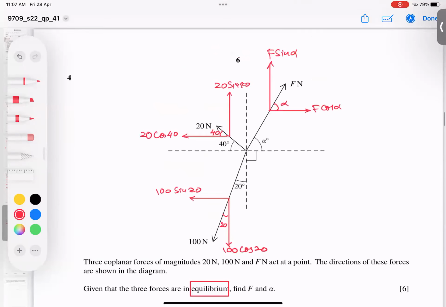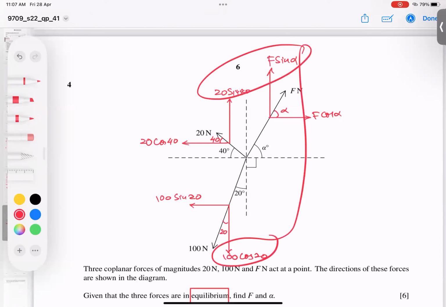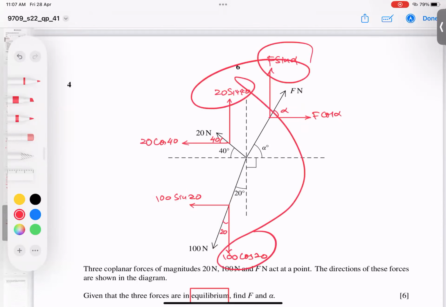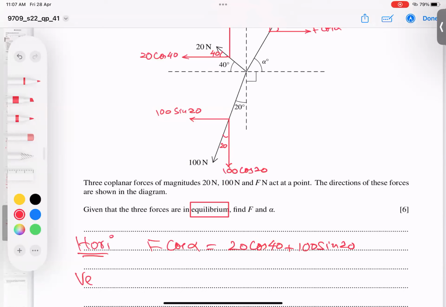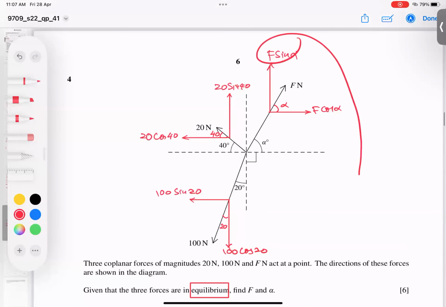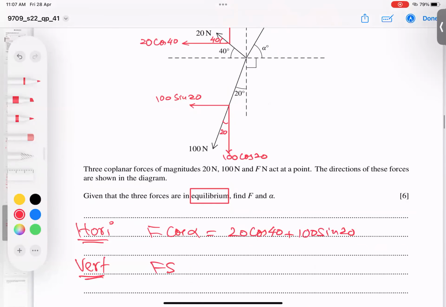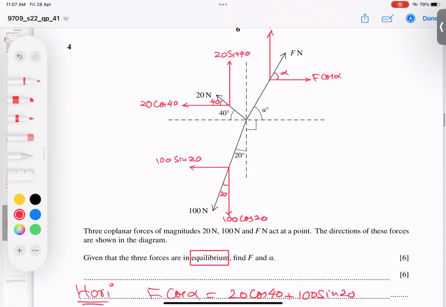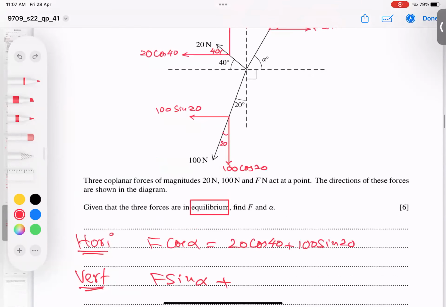Now let's talk about vertically. This is upward, this is downward. So this plus this equals that. Vertically, the top is F sine alpha plus this 20 sine 40 equals this one, 100 cos 20.